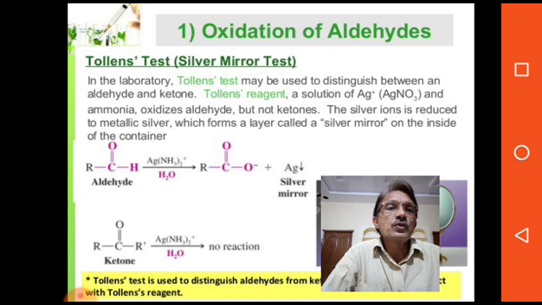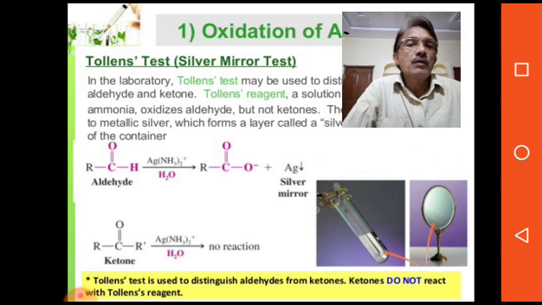Ag2O is reduced to Ag. Therefore, a silver mirror is deposited. The silver ions are reduced to metallic silver, which forms a layer called a silver mirror on the inside of the container. If you look at the reaction, R-CHO gives rise to R-COO- plus Ag precipitate.